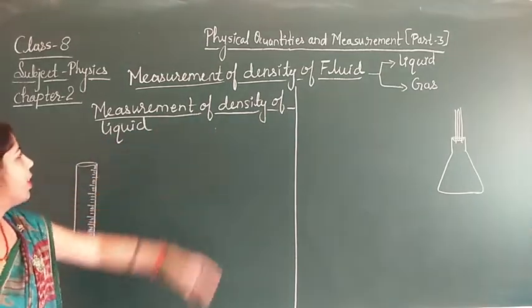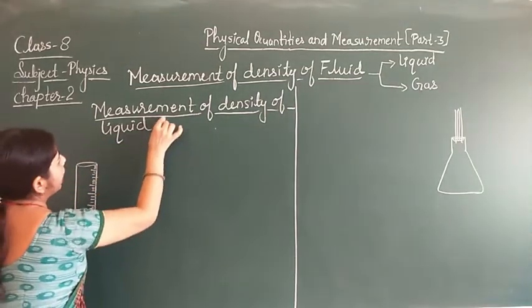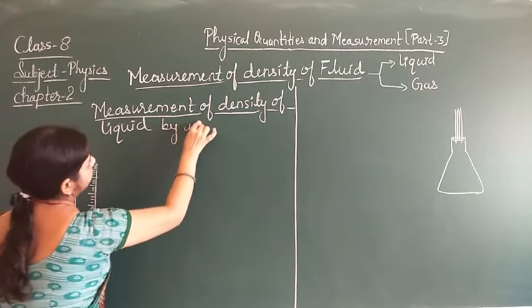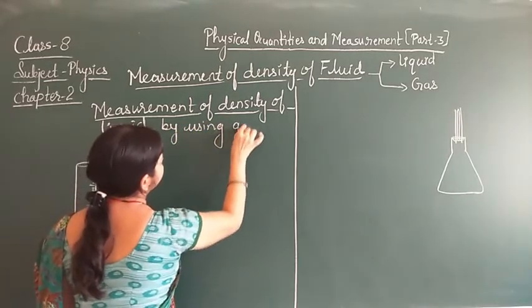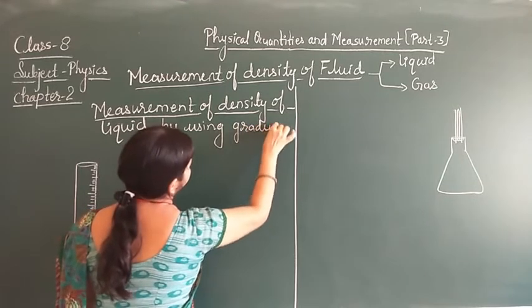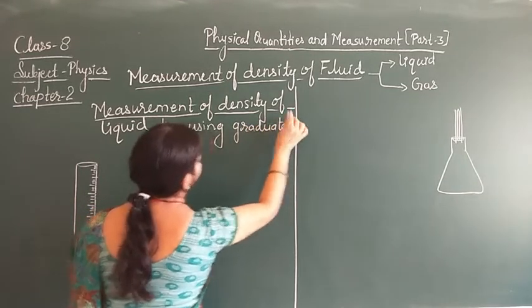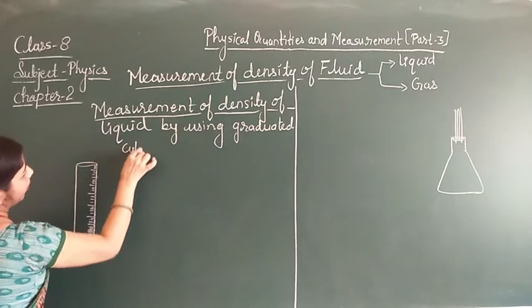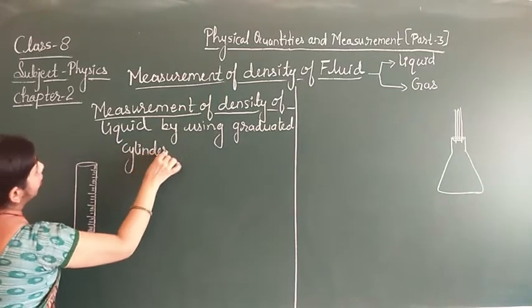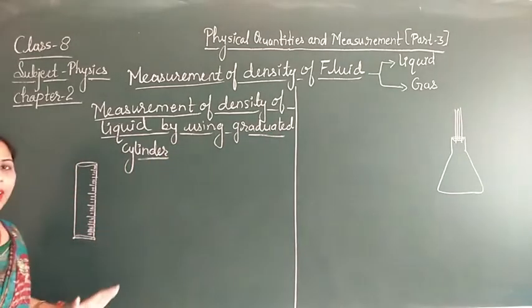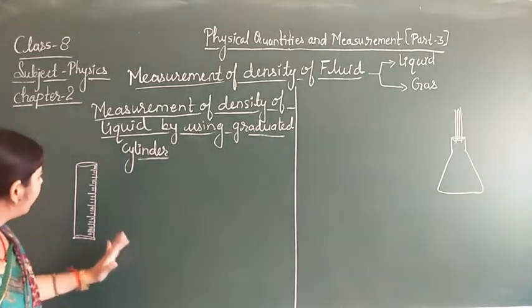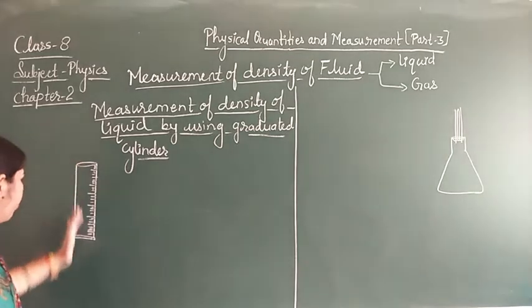The measurement of density of liquid by using a measuring cylinder or graduated cylinder. So this is the graduated cylinder, and how can we measure the density of the liquid through this cylinder?